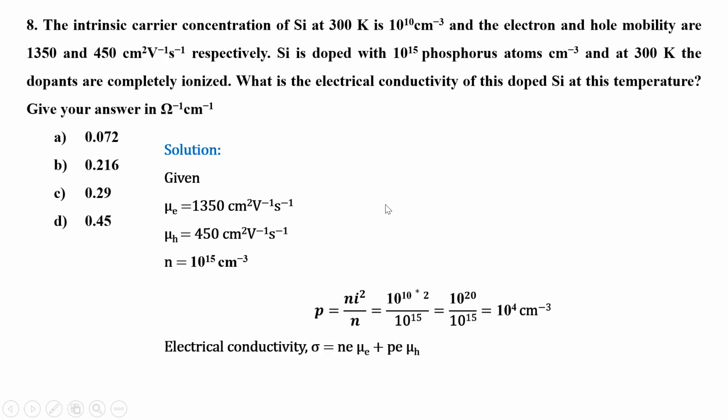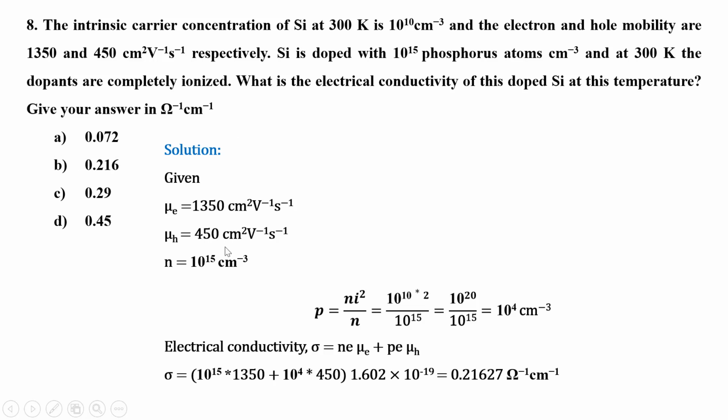Now, since we are using a dopant here, the n and p values will also be present, and we have to account for those in the conductivity equation. So the conductivity equation gets modified to e into the whole of n mu_e plus p mu_h. On substituting all these values, you get 0.21627 ohm inverse centimeter inverse. So your answer will be option B.